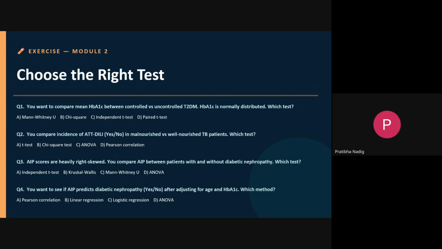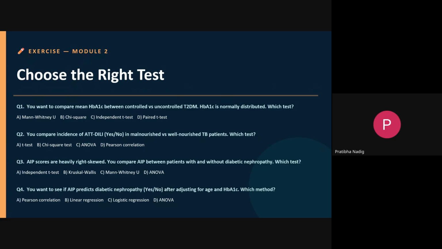Sagarika has answered C. What about others? Give it a try. She has answered ANOVA. Remember, it is a yes or no answer here. The data is yes or no. Think about it. You compare incidence. The outcome is yes or no here. It means how many yes in this group versus the other group.